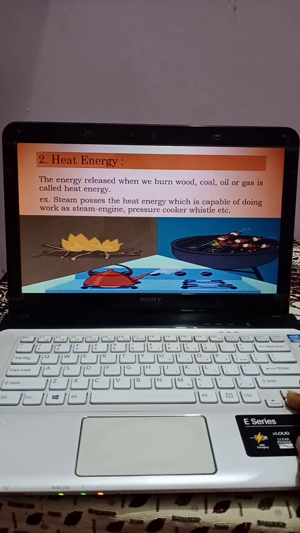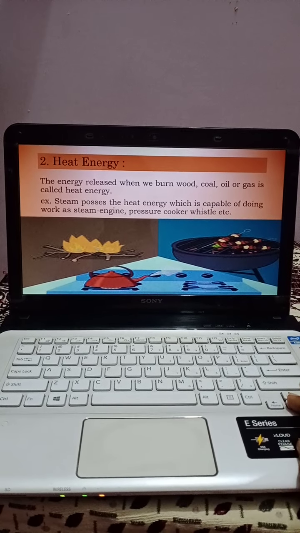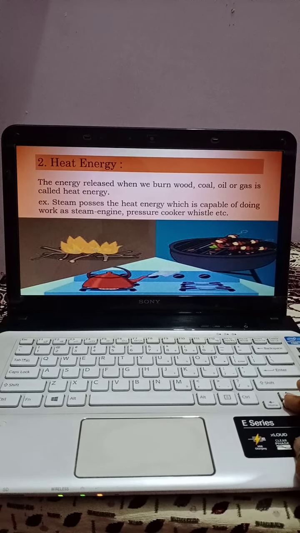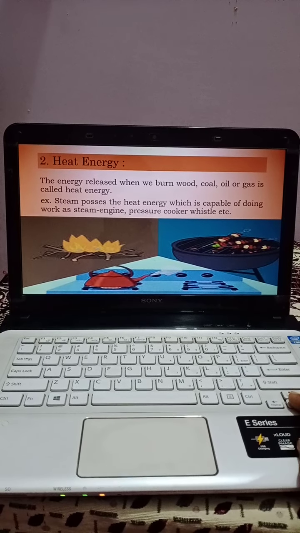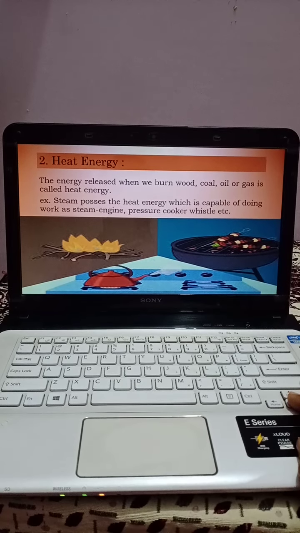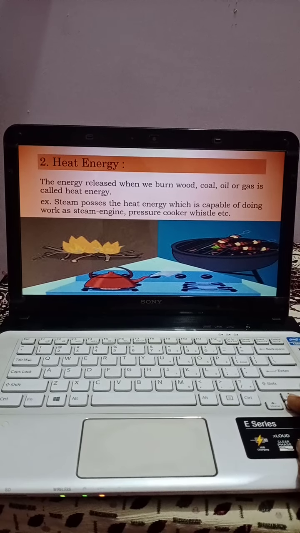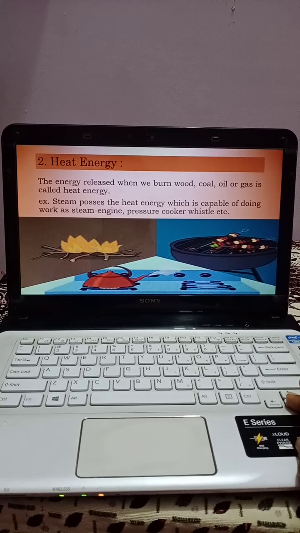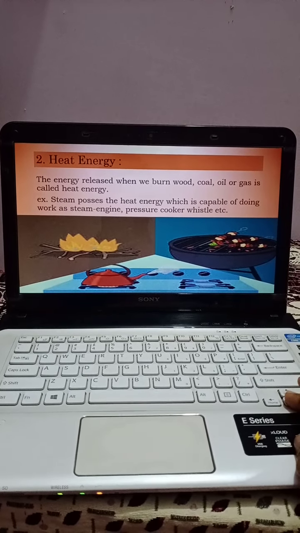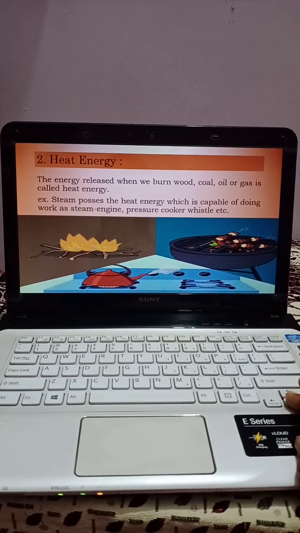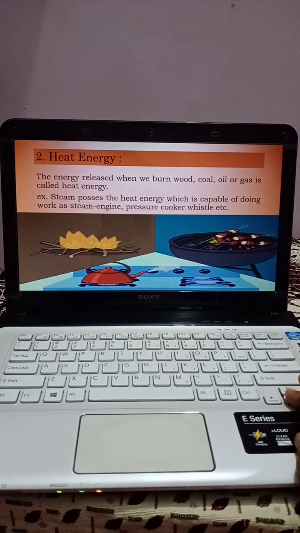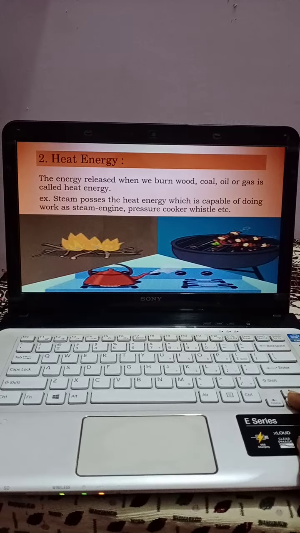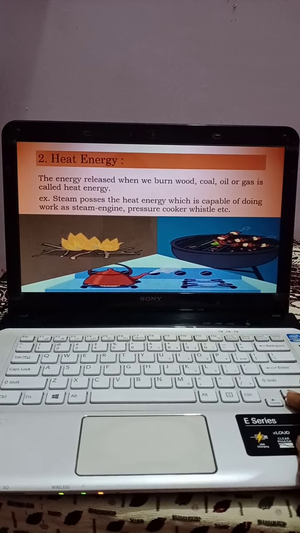Similarly, when a pressure cooker whistles, it changes the position of the vessel lid, thus heat energy is a kind of energy. Similarly, in an automobile, when we burn fuel, it generates energy and the automobile runs. Therefore, heat is also a form of energy when we burn wood, coal, oil or gas.